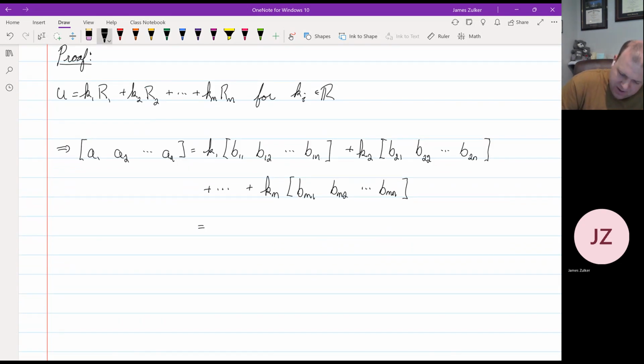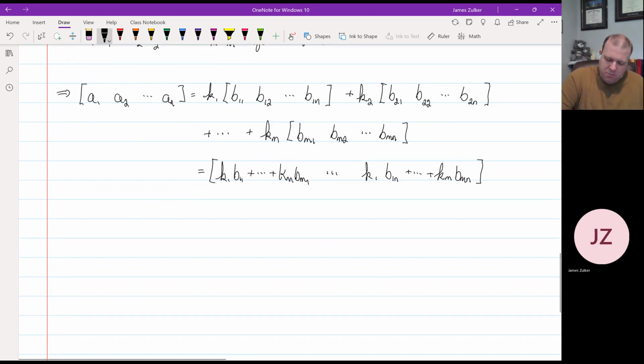Which equals k1 B11 plus so on plus km Bm1. That's the first row, and that's going to continue until we get to the nth column, and we get k1 B1n plus so on and so forth plus km Bmn.